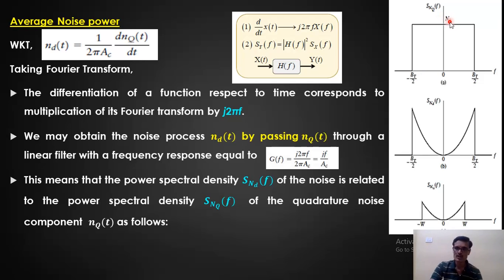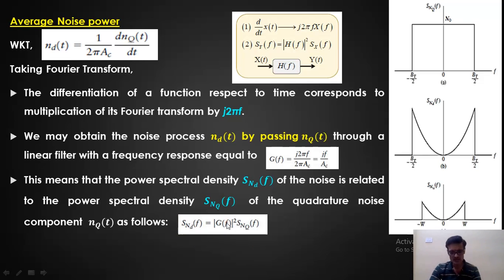If I pass this S_nq(f), the PSD, through a filter which is G(f), and in this case I have taken as H(f), in this derivation I have taken it as G(f), the output PSD is given by this particular relation.